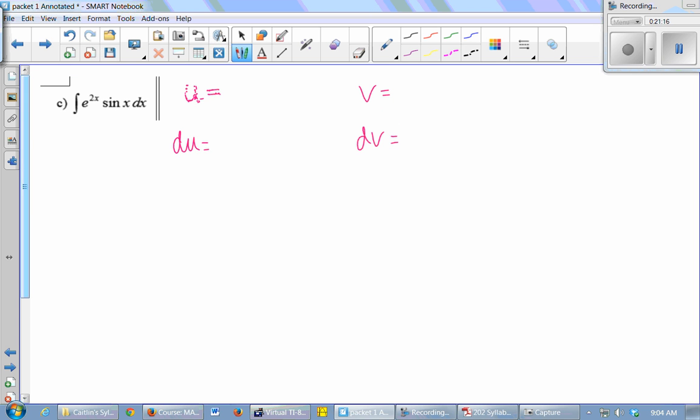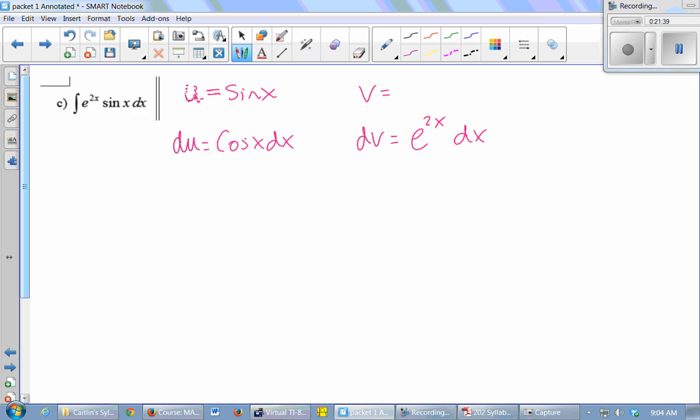Okay. So before we chose dv as sine x dx, so let's make that u this time. And dv will be e to the 2x dx. Okay, so that means du is cosine x dx.